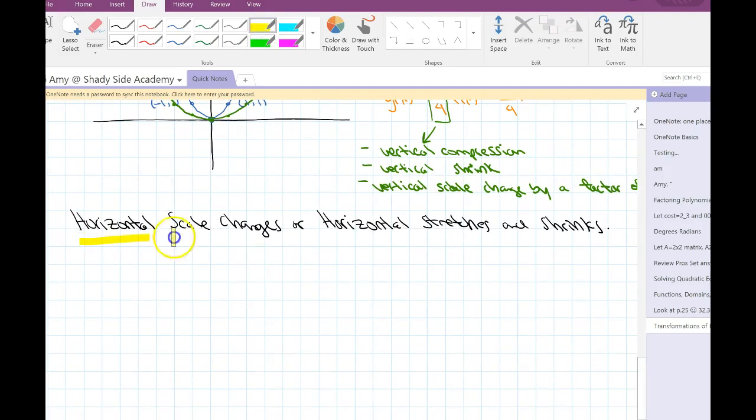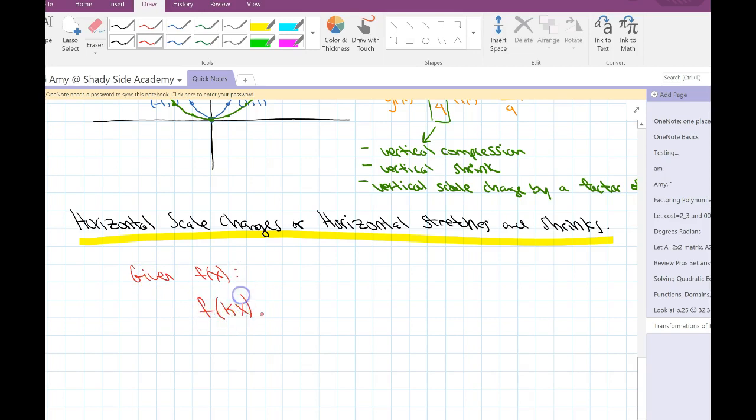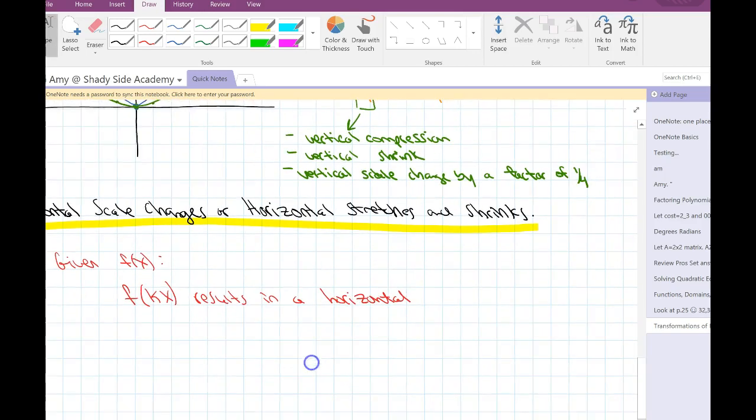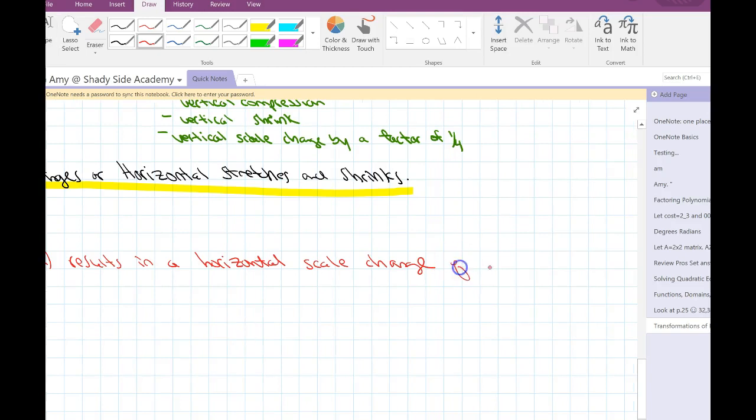Let me write this down first. Okay, so here is the result. It says the following: given f of x, f of kx results in a horizontal scale change. So I'm purposely going between different vocabulary words, okay? Of a factor of... here it is.